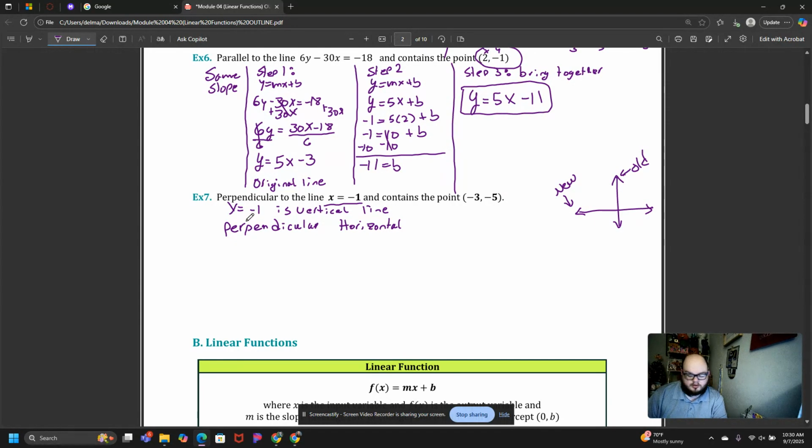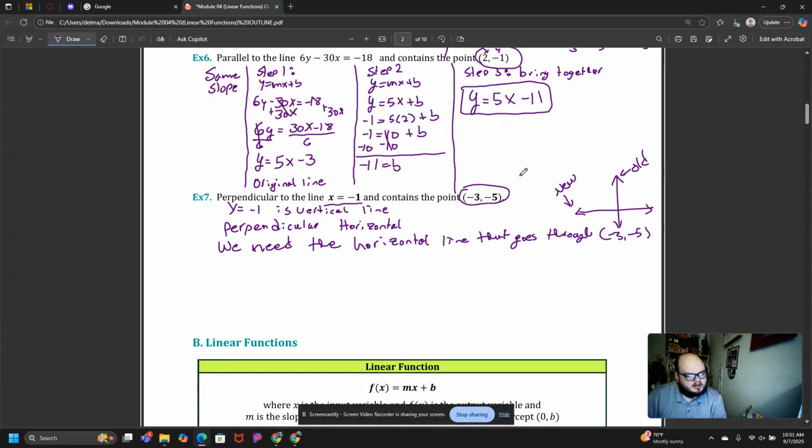Okay, so we need the horizontal line that goes through -3 and -5.